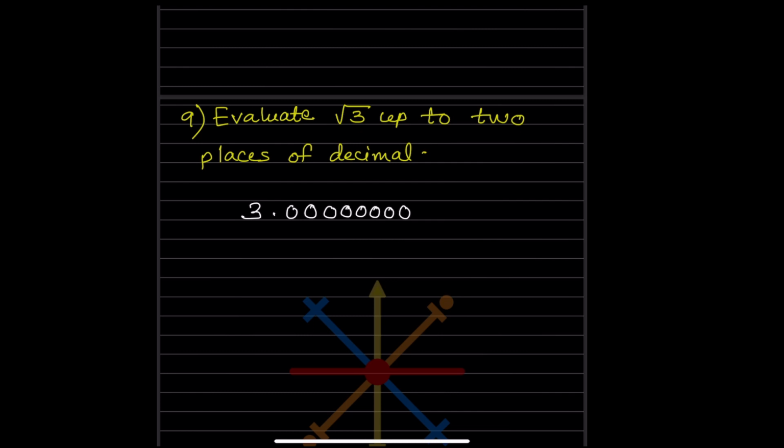Now, because I want to evaluate to two places, I need some extra numbers over here. So I can put any number of zeros after 3.